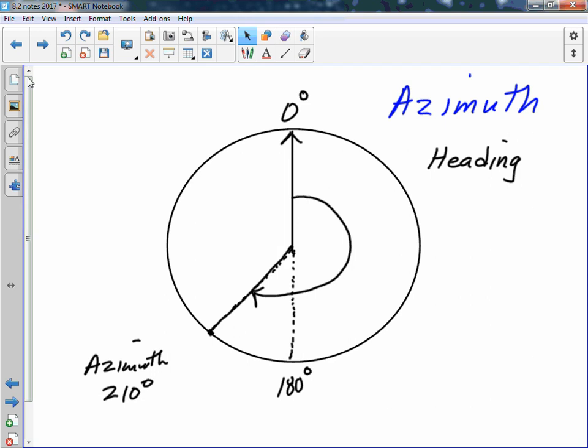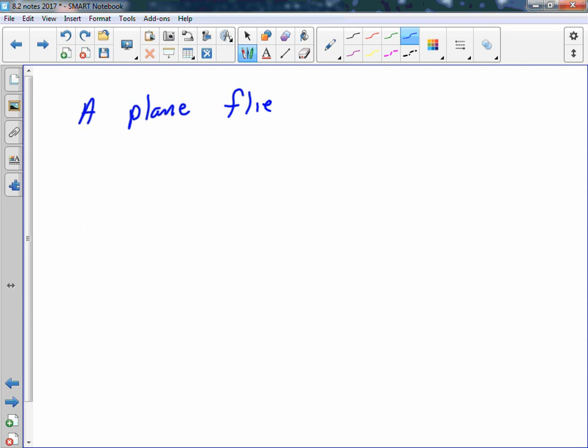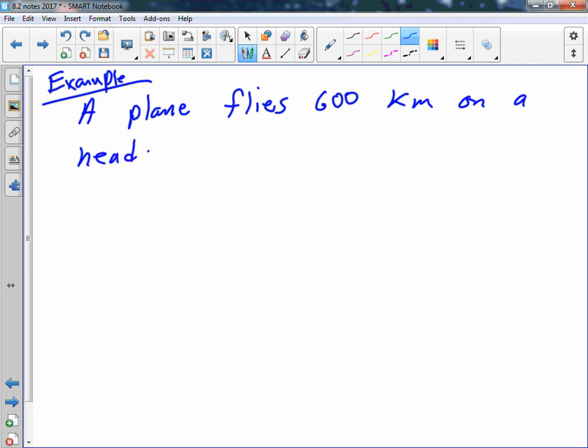No, we need a new page. So here we go. A plane flies 600 kilometers on a heading of 300 degrees.